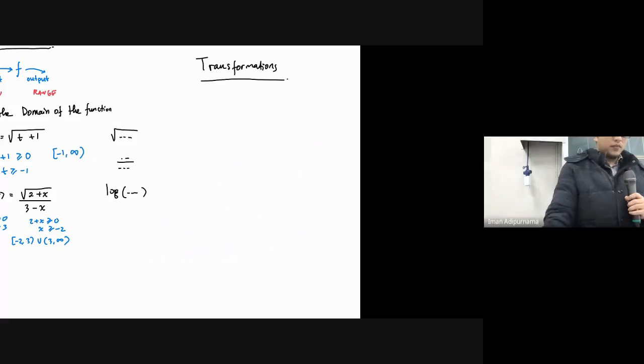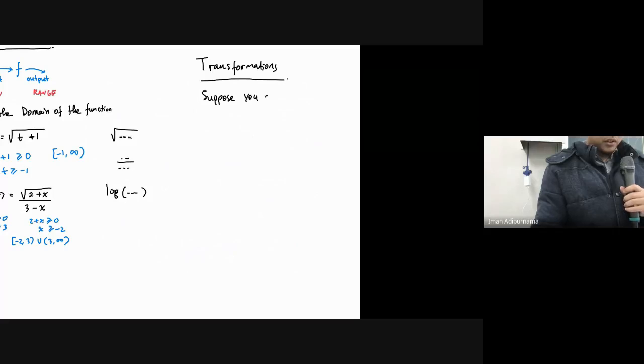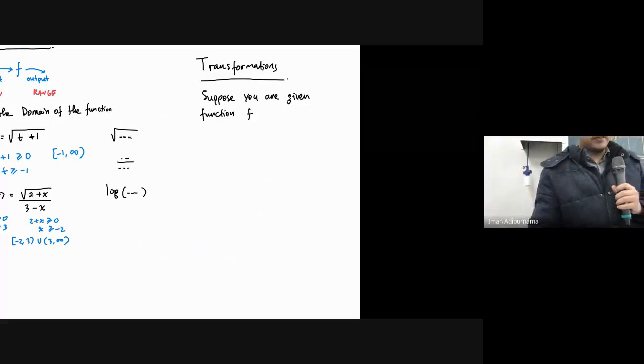And another side of functions is we can transform our functions, right? Transformations. Okay, let me write. Suppose you are given a function, let's say f, okay?